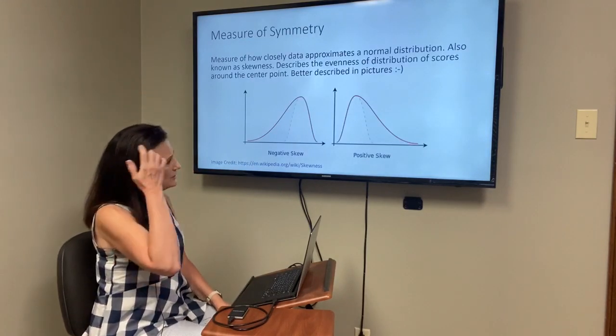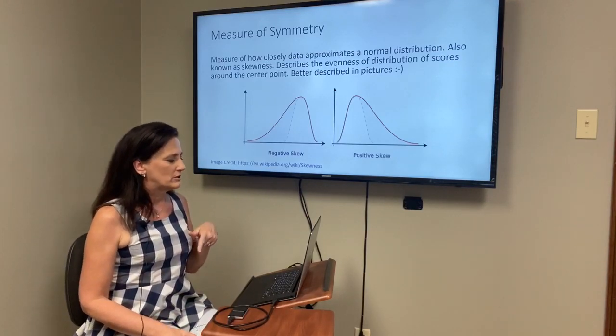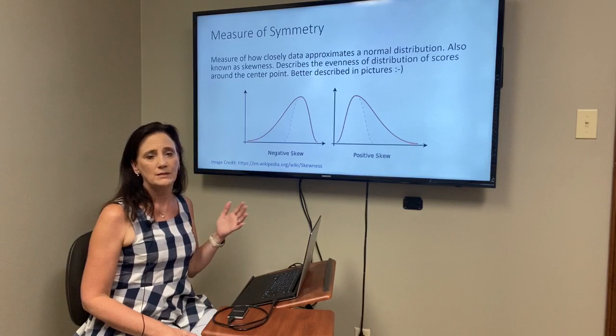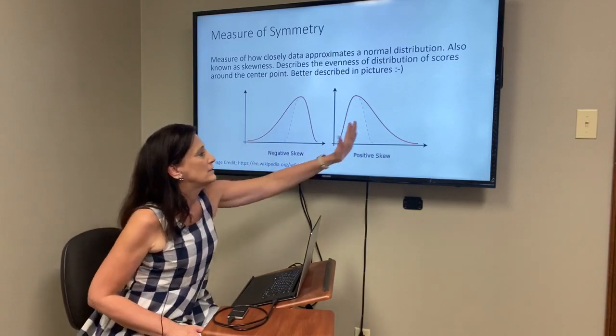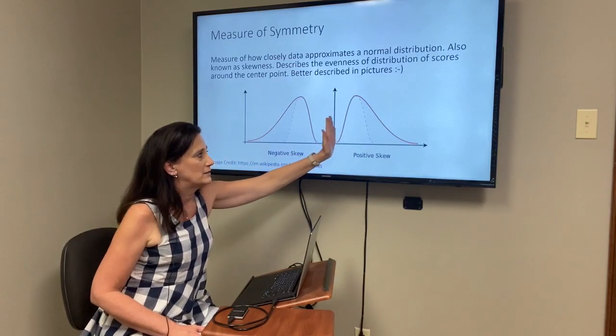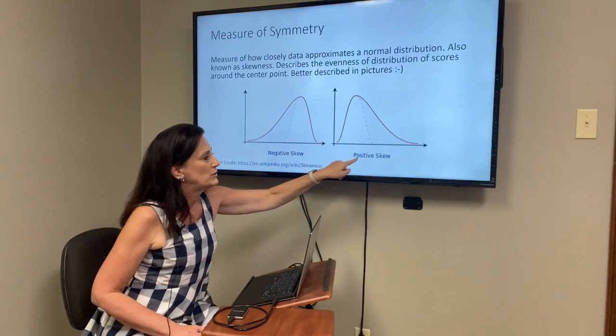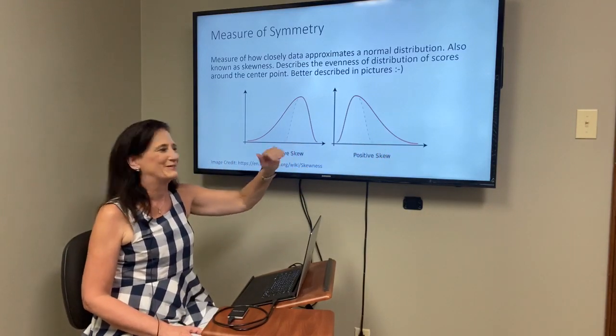You can also look at symmetry. So symmetry is either skewness or kurtosis, and skewness is either positively skewed or negatively skewed. If it's positively skewed, your scores all clump back this direction, but you can remember that it's positive because the tail is running out in that positive direction, right?